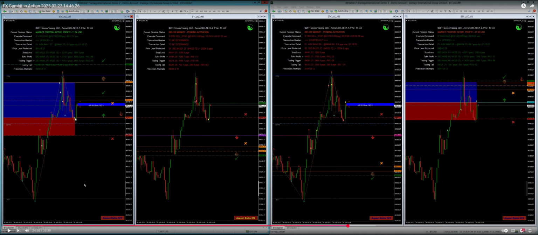So again, the minute this level is penetrated, a partial close on this 0.14 lot position is going to be executed.